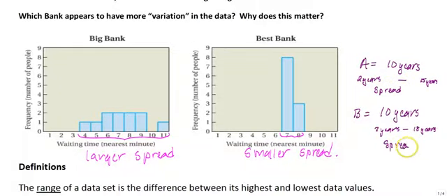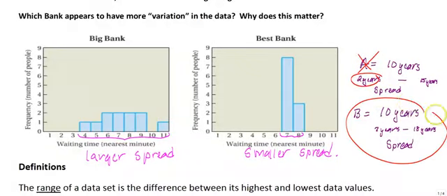If the lifespan of the transmission was very important to me, I don't think I would choose A, because I run the possibility of having that transmission last only 2 years. For B, the least it would last is 7, and the most it would last would be 18. Given that spread, this would help me make a better decision.